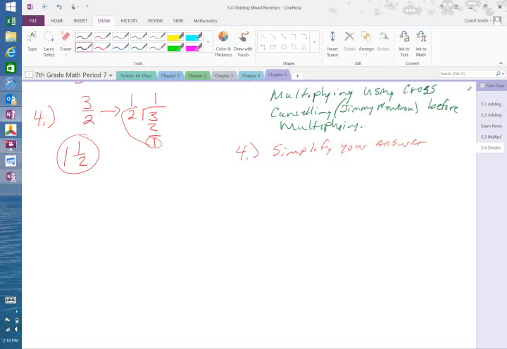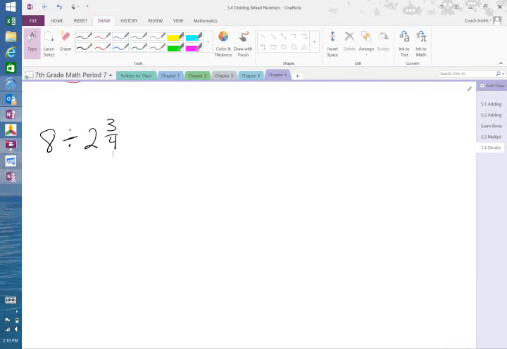Let's do another one. 8 divided by 2 and 3 over 4. All right. So, I'm going to rewrite it a little further away from the edge.